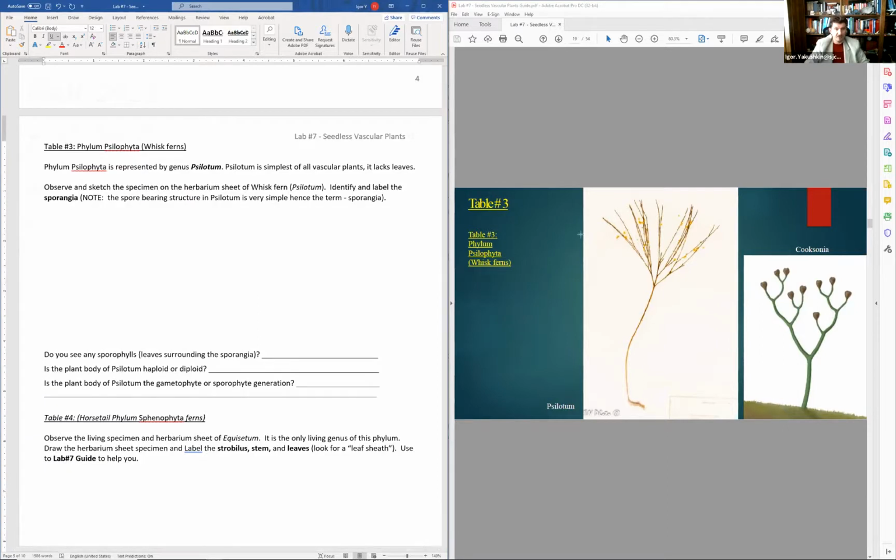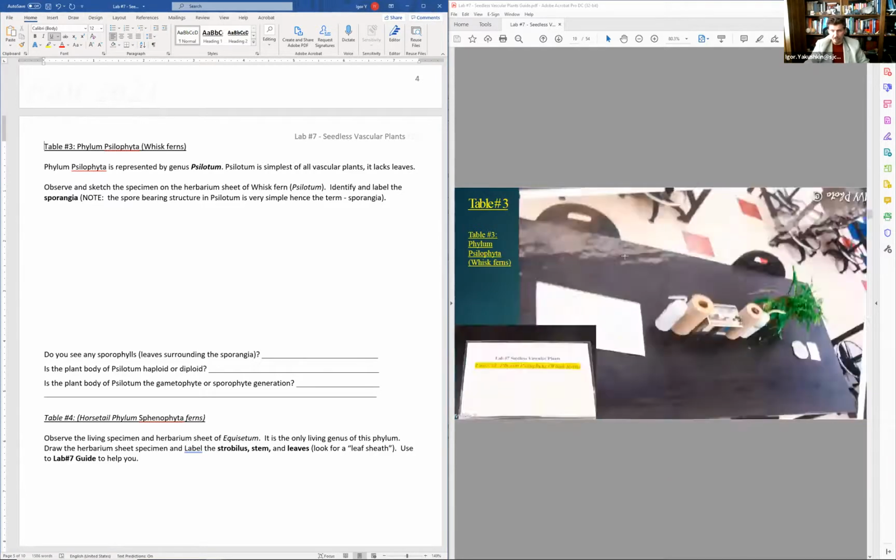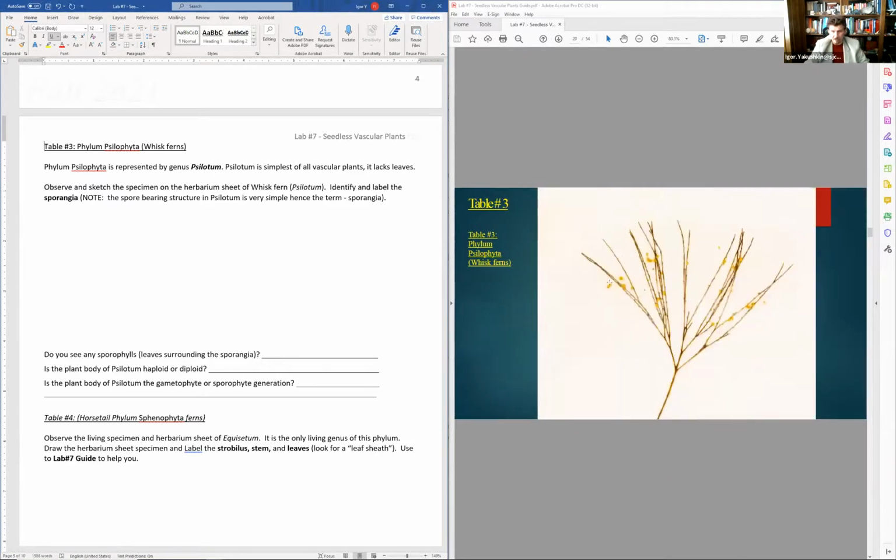So observe and sketch the specimen. You can take a print screen of that. Now, the spore-bearing structures, those yellow dots, these are the sporangia. Do you see sporophylls, leaves surrounding the sporangia? No, they don't have leaves, they are just stem with the sporangia. Is the plant body of Psilotum haploid or diploid?